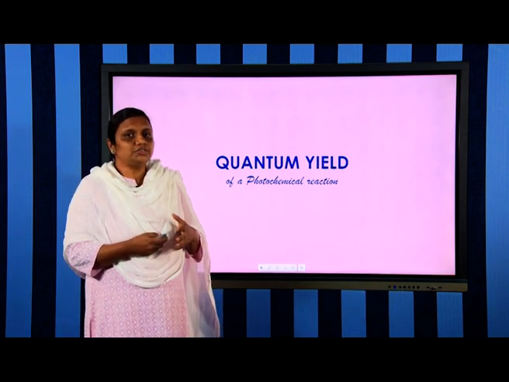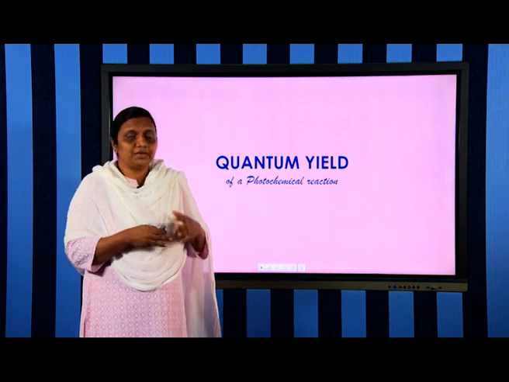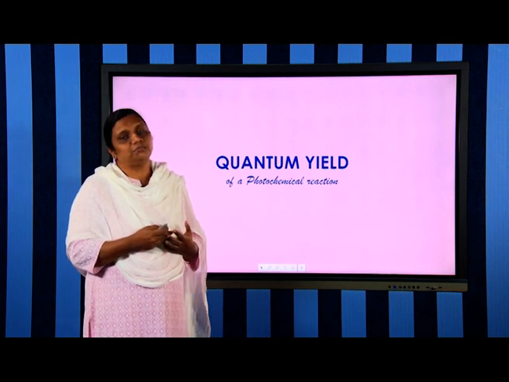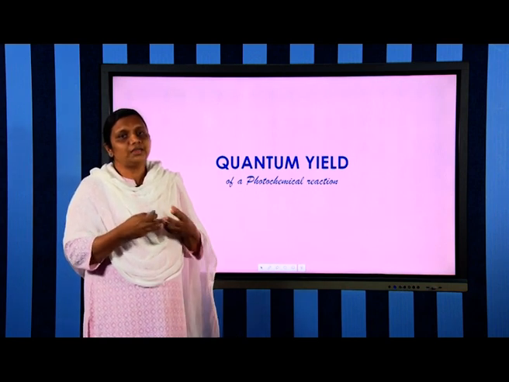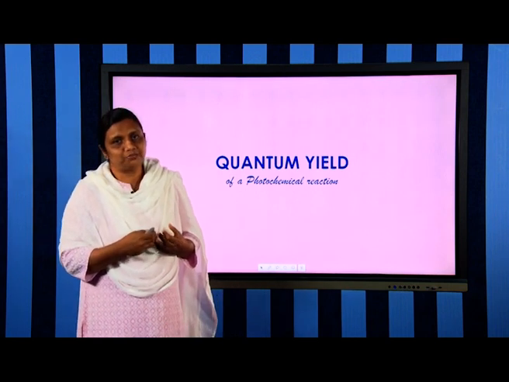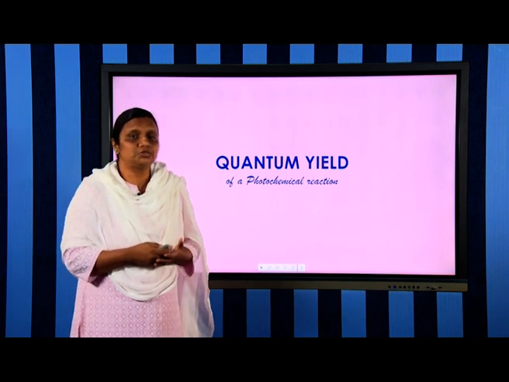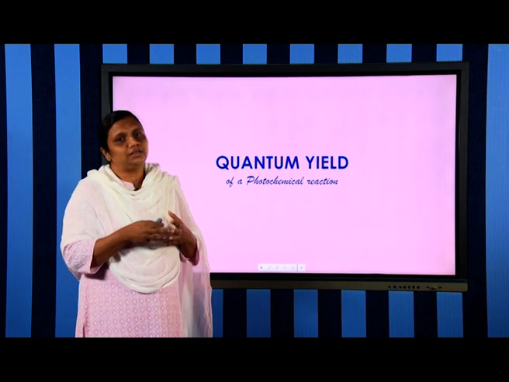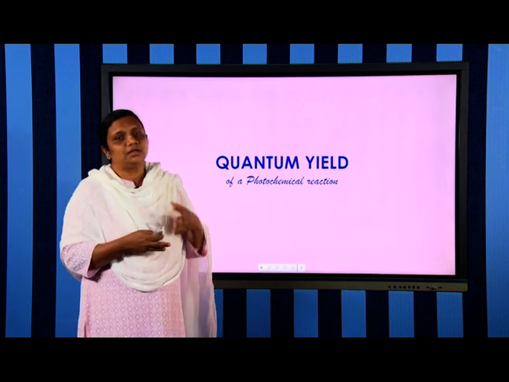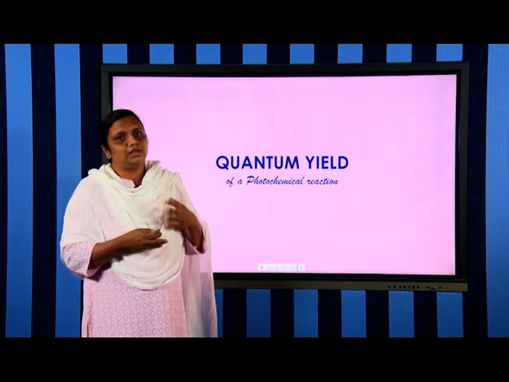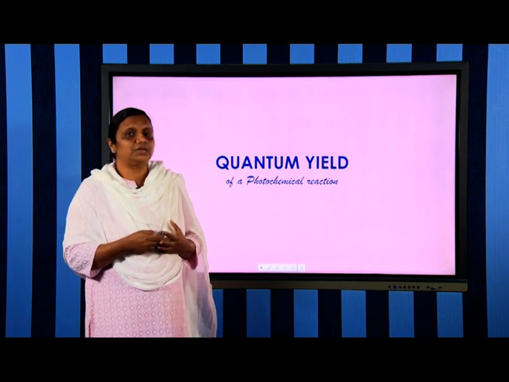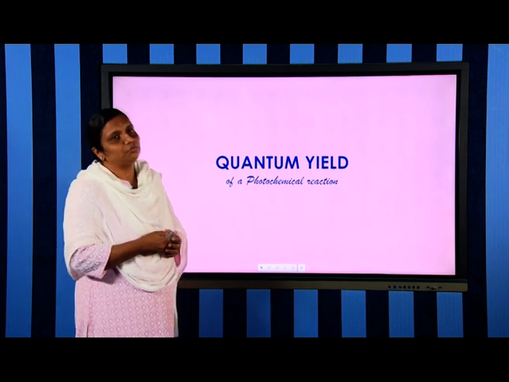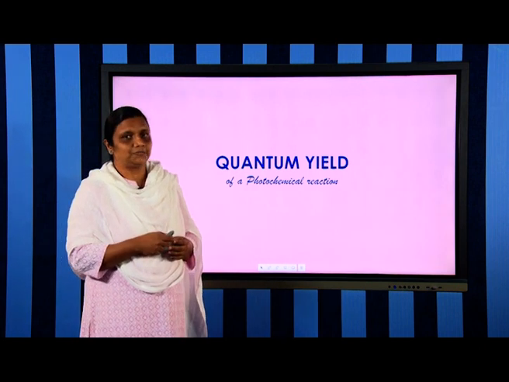So, how much of the energy absorbed from the light, be it in a photosensitized reaction or a normal photochemical reaction, is transformed to chemical energy? We need to know that. Now, the quantitative analysis or the kinetics of photochemical reaction is done using the information from quantum yield.